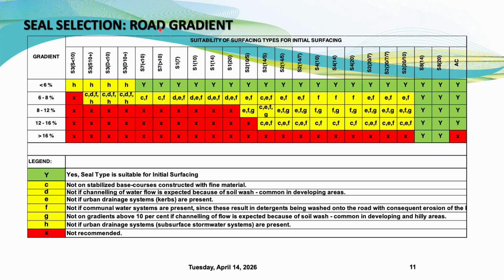So road gradient: basically flat areas, most of the seals, and we do not recommend seals at all for higher than 8. So that is actually a good rule of thumb, that we do not go beyond 8 degrees of the road gradient for surfacing seals.